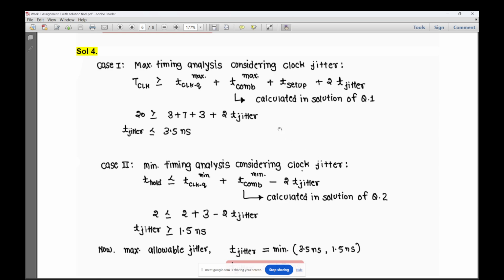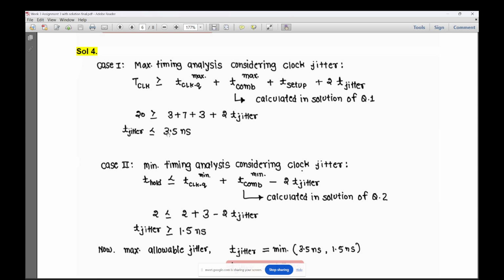In both the cases, if I have no jitter, then this is the formula: T clock should be greater than or equal to T clock-to-Q maximum plus T combinational plus T setup. Now you are adding two T jitter. So for that one, you are finding the jitter value here.